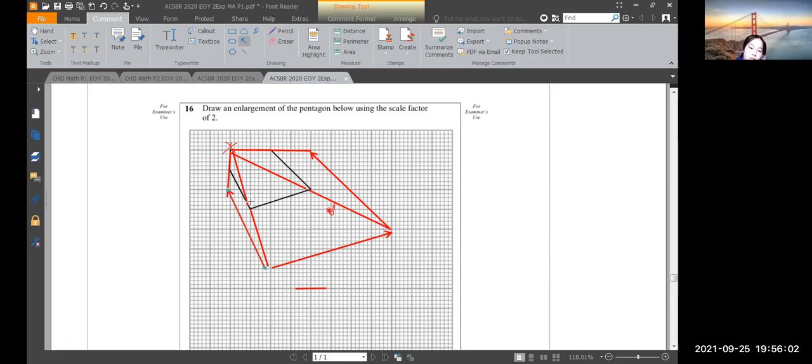Okay, it's enlargement. That means the shape remains. Okay, so that's how you 2 times. If it's half, then you half it. Okay, good.